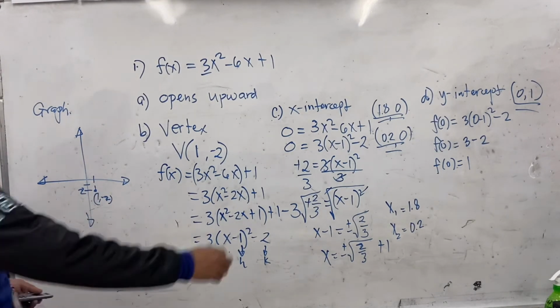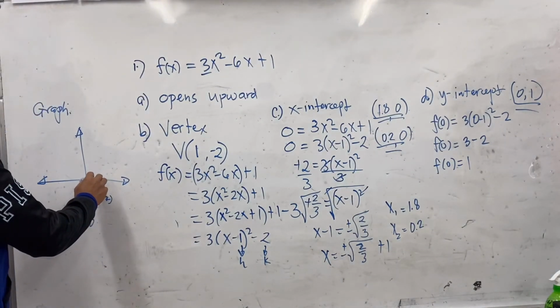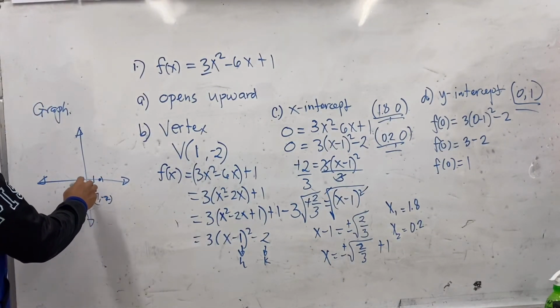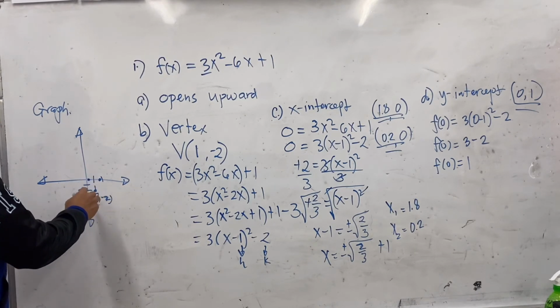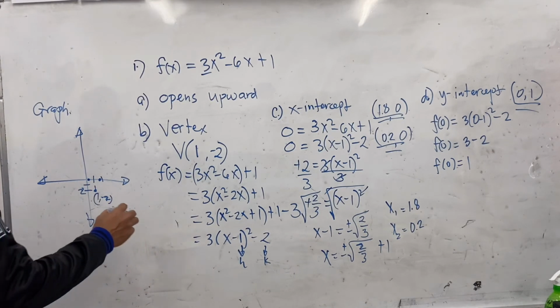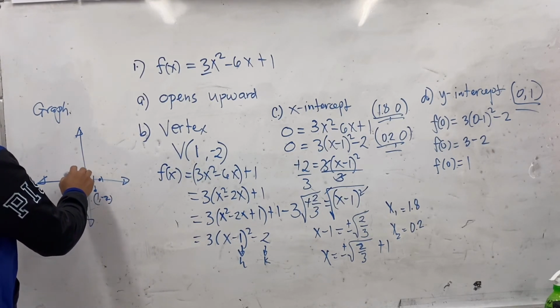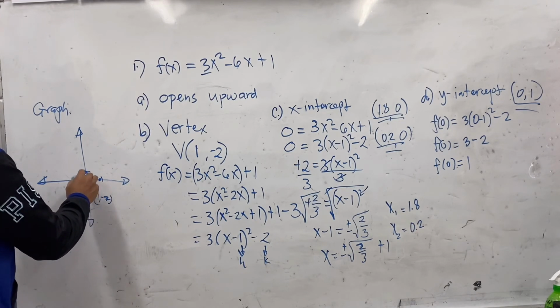Then the x-intercepts are 1.80, somewhere here between 1 and 2, and 0.2 is here. Then the y-intercept is 0, 1, so 0, 1 is here.